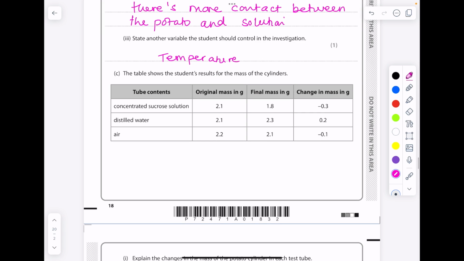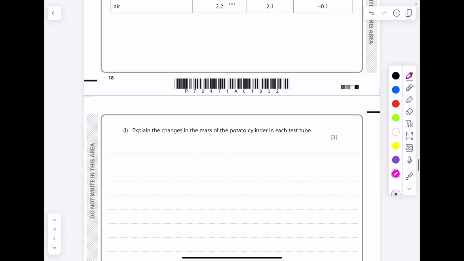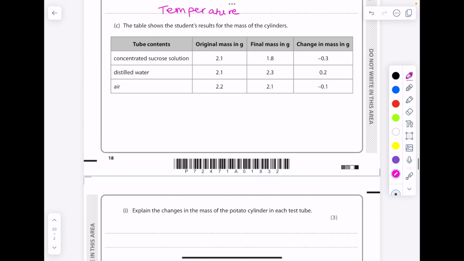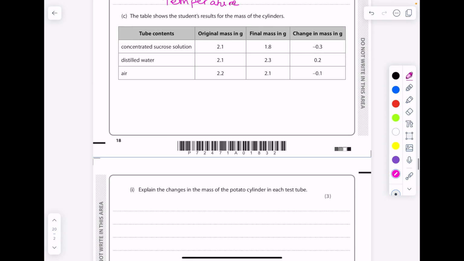The table shows the student's results. Explain the changes in the mass of the potato cylinder in each test tube. So we'll start here with concentrated sucrose solution. Remember that sucrose solution will have a lower water potential compared with the potato, which means that the potato chip will lose water. And as you can see, that's seen here with a minus 0.3 grams.